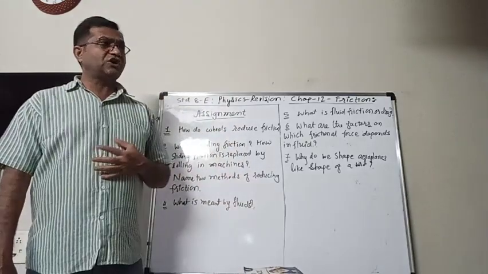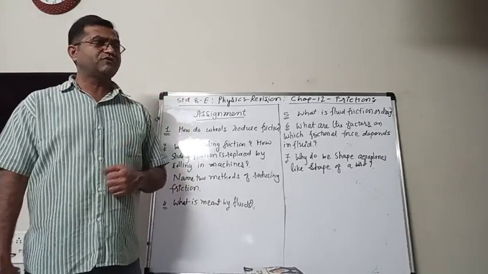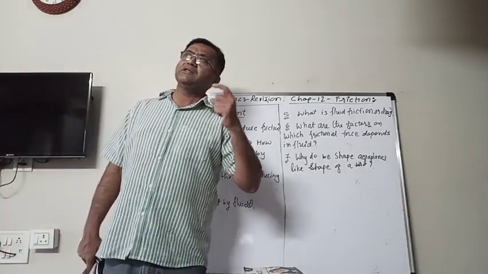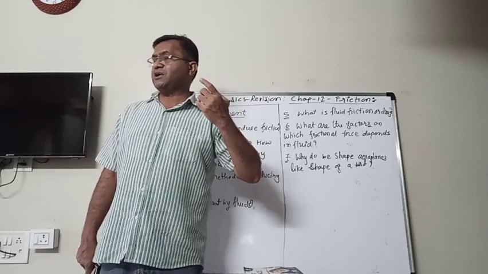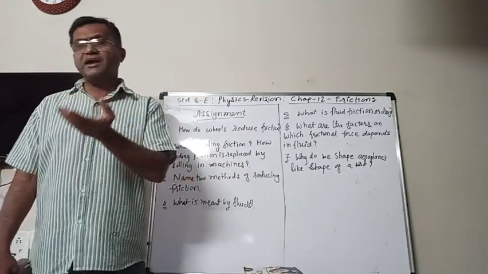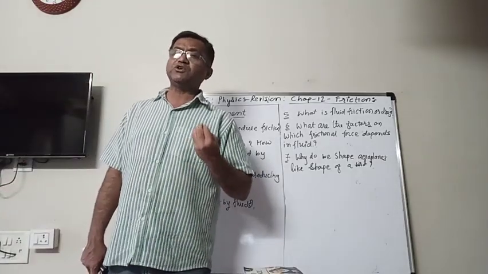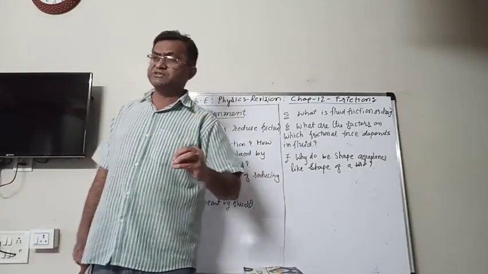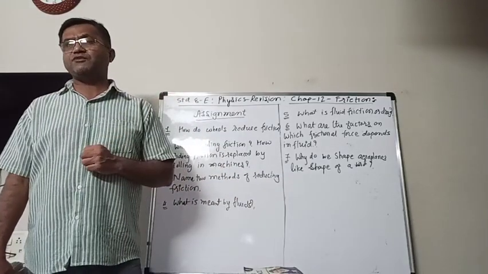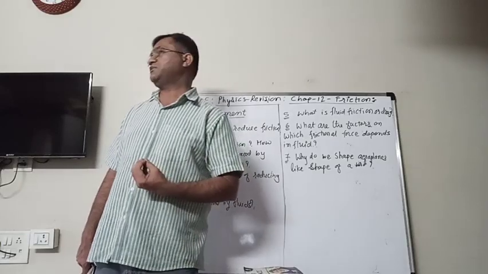We also saw why we slip and fall when we step on a banana skin. We also saw that frictional force has advantages and disadvantages, because some of our daily routine work is only possible due to the frictional force. For example, we can walk only because of the frictional force.